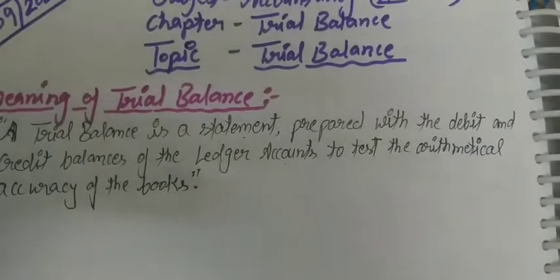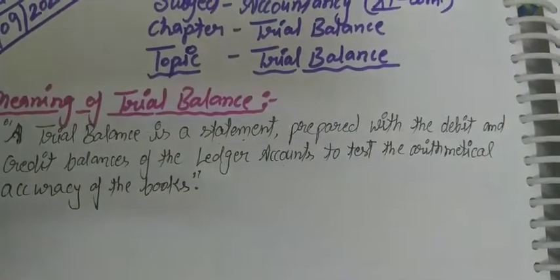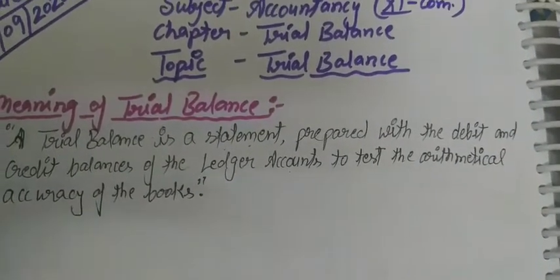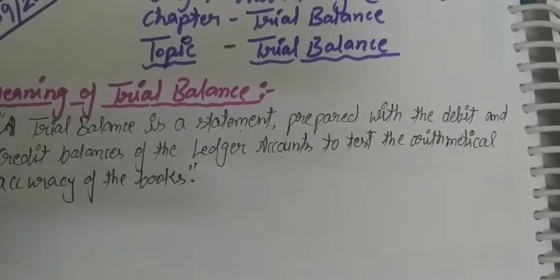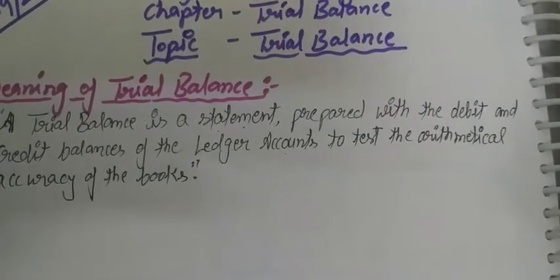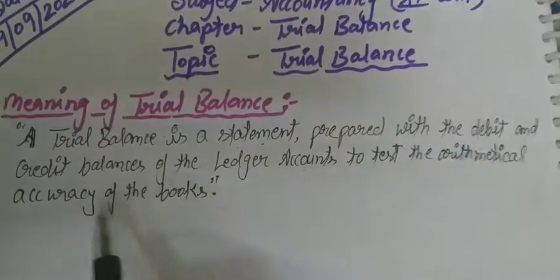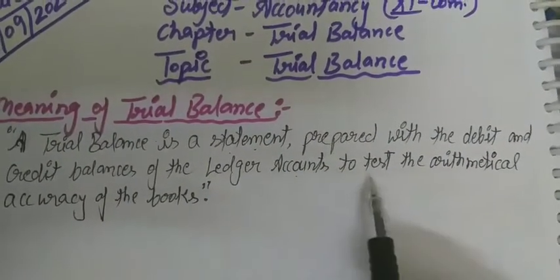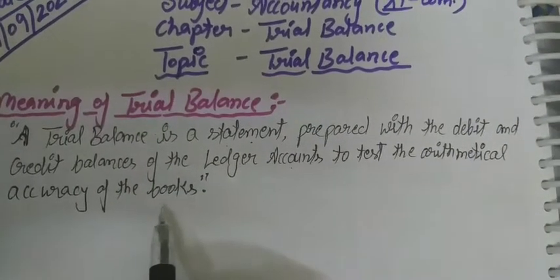That balance is transferred to the trial balance, and this statement is prepared from those debit and credit balances, to test the arithmetical accuracy of the books.